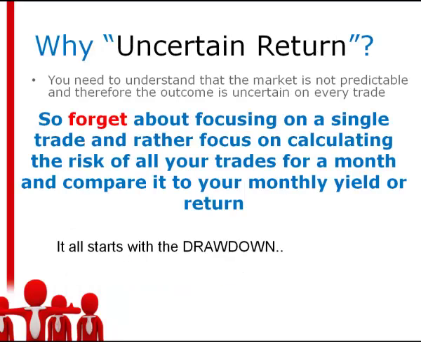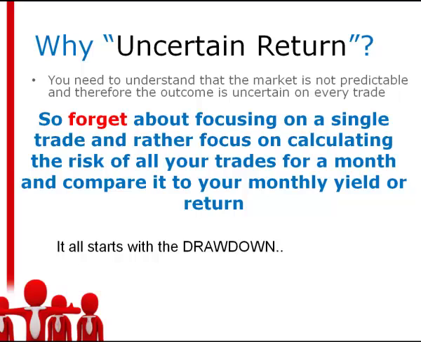Now why an uncertain return? You need to understand that the market is not predictable, and therefore the outcome is uncertain in every trade. If the market was predictable, then everyone would have made money and everyone would have been trading. Nothing is predictable. You can determine the direction of highest probability, but you cannot predict anything.